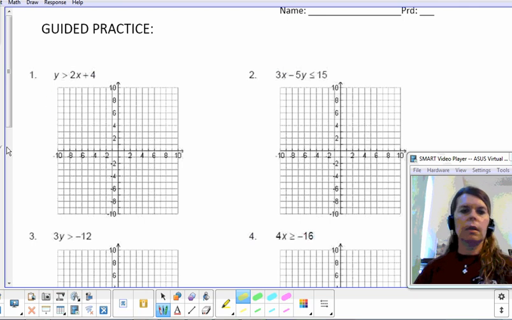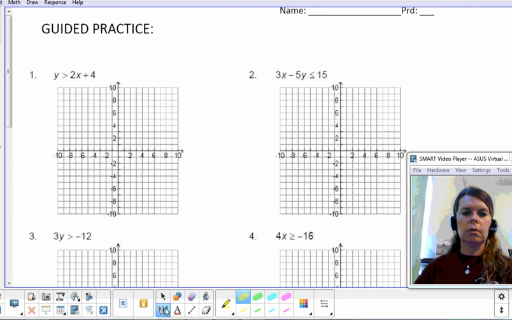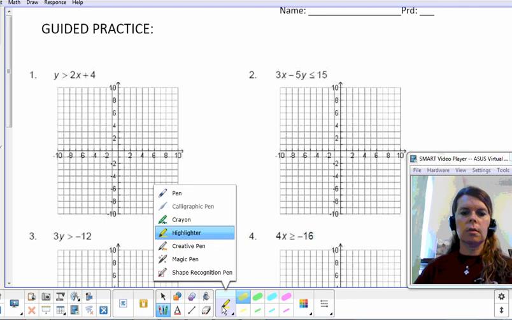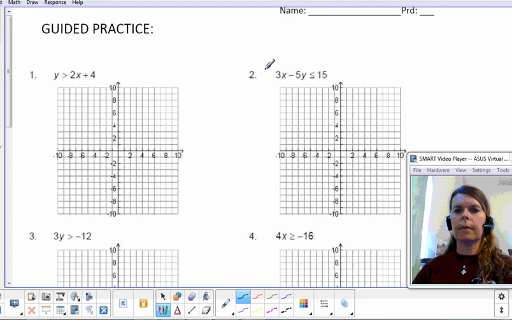This next one, let me go back to a pen. Tricky stuff, trying to figure this new version out. There we go. Pen. And then let me use black. So here, you need to get the y by itself.